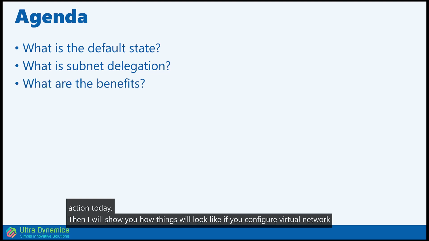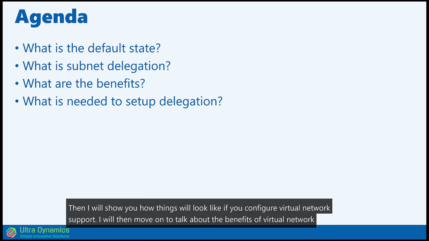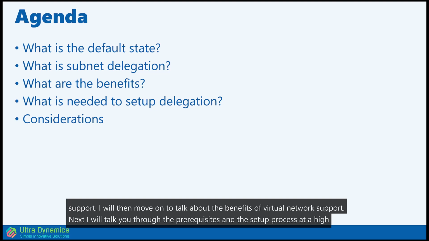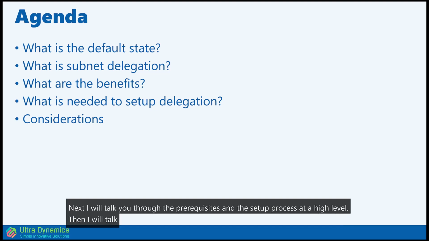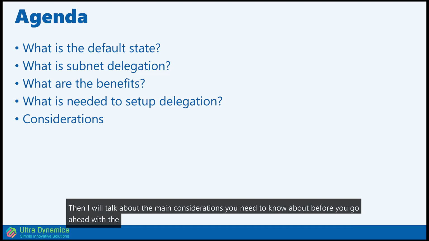I will then move on to talk about the benefits of virtual network support. Next, I will talk you through the prerequisites and the setup process at a high level. Then I will talk about the main considerations you need to know about before you go ahead with the implementation. And finally, we will look at some of the upcoming enhancements.